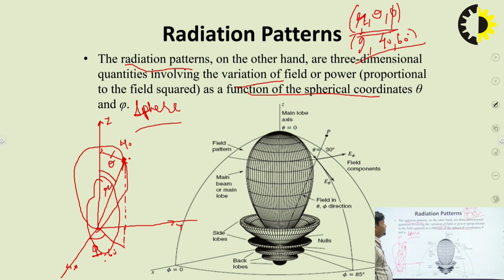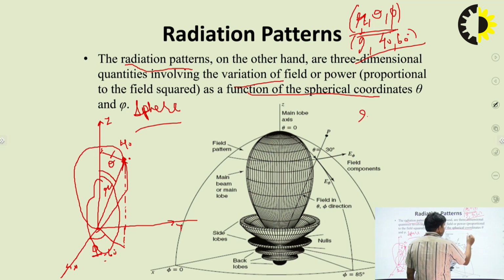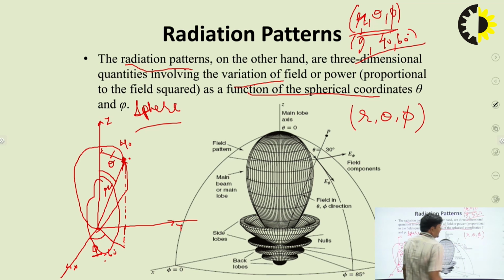And this is the radiation pattern. The radiation pattern describes the power as a function in the spherical coordinate system, in r, theta, phi. This is the main lobe and this is the side lobe.